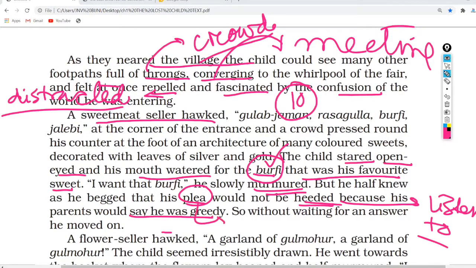His plea means request. His earnest request will not be listened to or heeded by the parents, and therefore just by understanding that, without waiting for the answer from the parents, he moved on. Then let us continue.